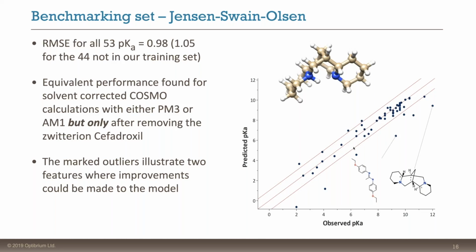The first one, the amidine on the left here, you can see that a number of things that we mispredict, we are mispredicting on the more acidic side. We are under-predicting the pKa for these molecules. And I think with the amidines, it's because we actually have very few acyclic amidine substructures within our data set.